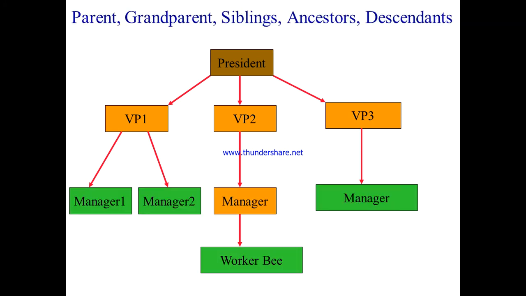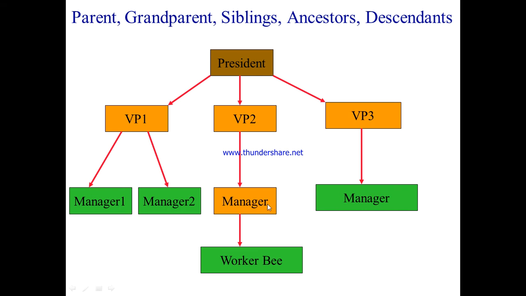Coming to the terminology of a tree, we can see parent, grandparent, siblings, ancestors, and descendants. If I take this particular leaf node, its parent is manager. Why?